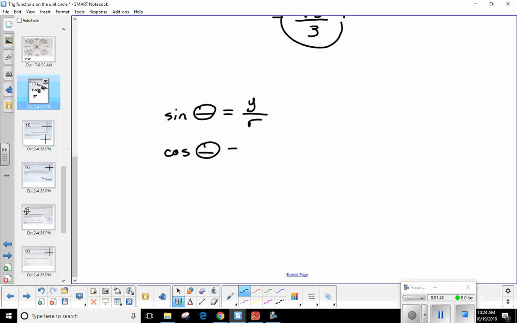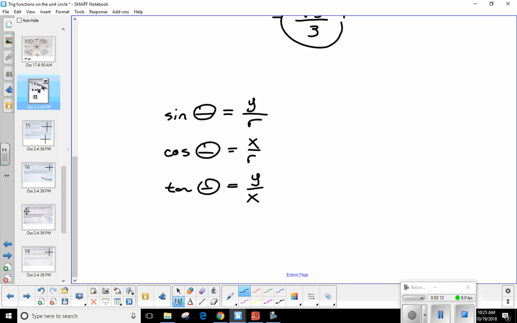Let's see, cosine. Kyle, help me out with that one. Okay. Raphael, help him out. X over r, yes. Okay. And we already heard tangent just a second ago. That's going to be y over x.